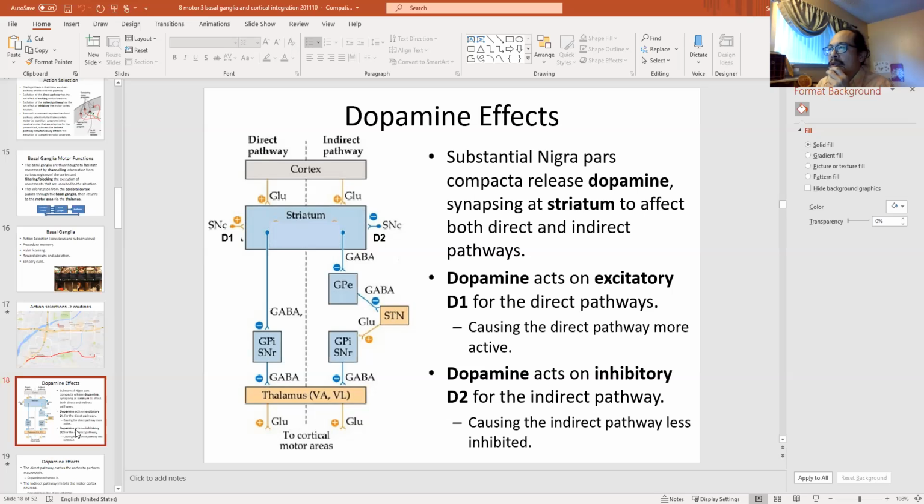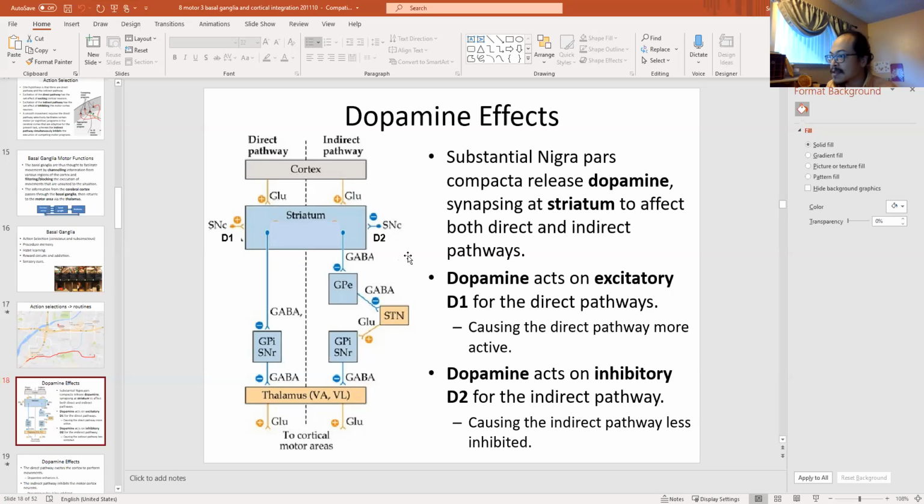All right, so the dopamine is released from the substantia nigra pars compacta, and their nerves innervate the striatum. When they innervate the striatum, they release dopamine. There are two types of receptor, D1 and D2.